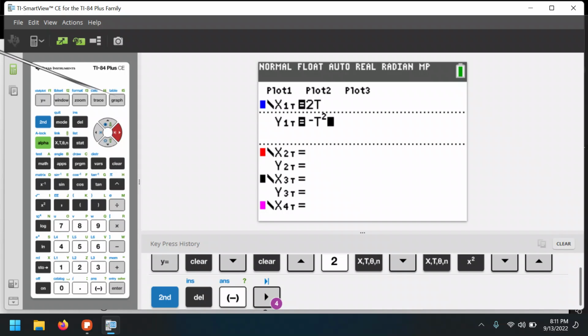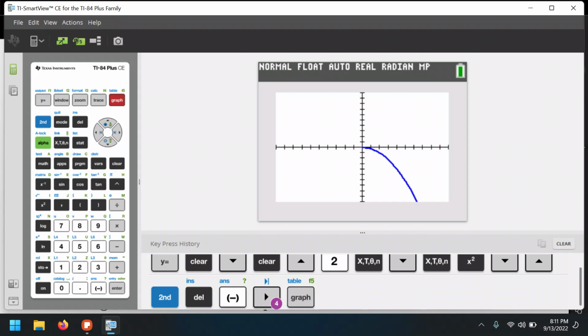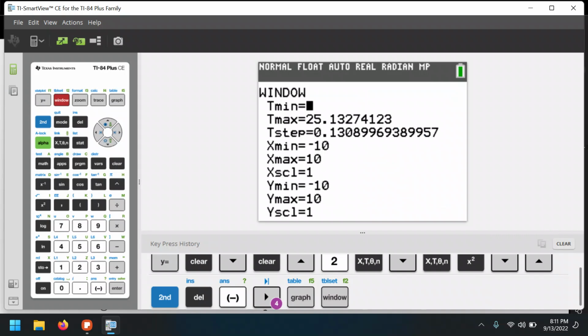So let's see, graph. Oh, I was barely able to see this. If you don't want the graph to go too fast, go to window, and the t step is of the order 0.1. Let me put something like 0.01.